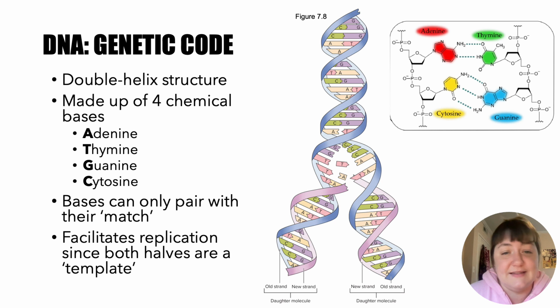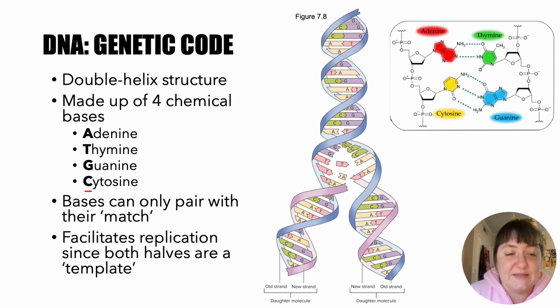So DNA is the genetic code, and it has this double helix structure, and there are 4 chemical bases that make this up. We have adenine, thymine, guanine, and cytosine, and these are often just abbreviated by the first letter of the chemical.